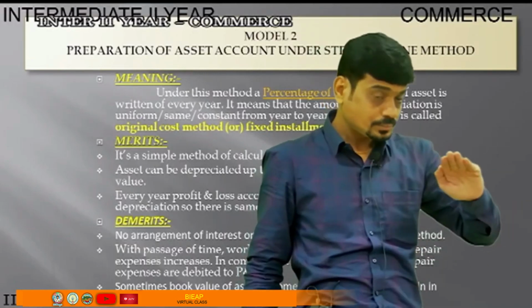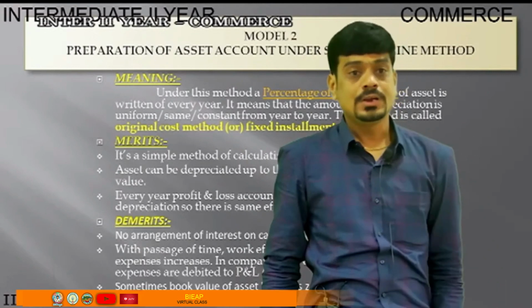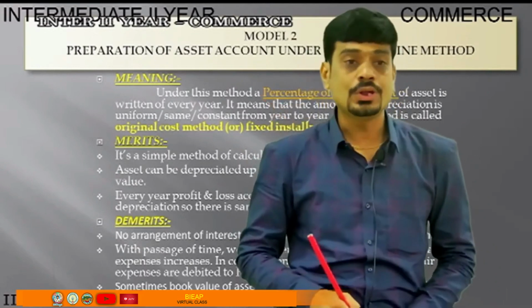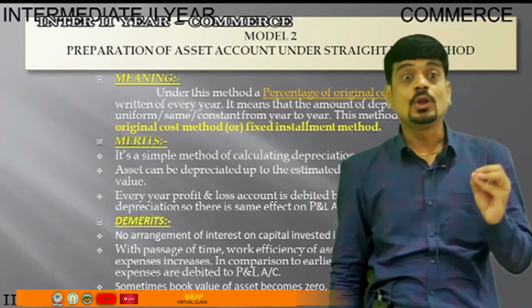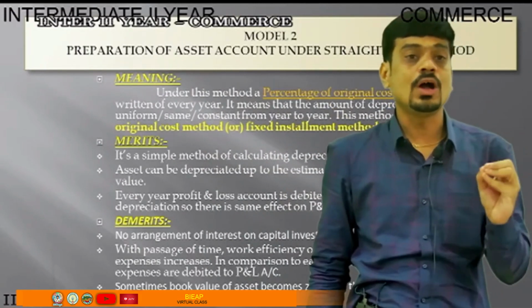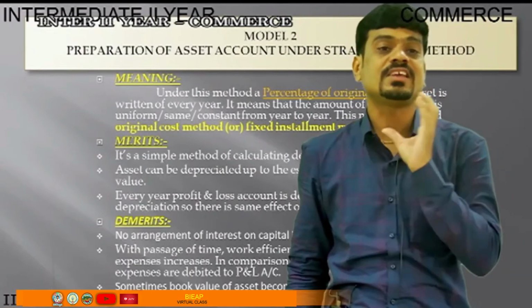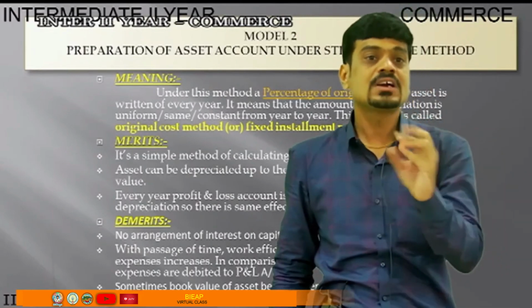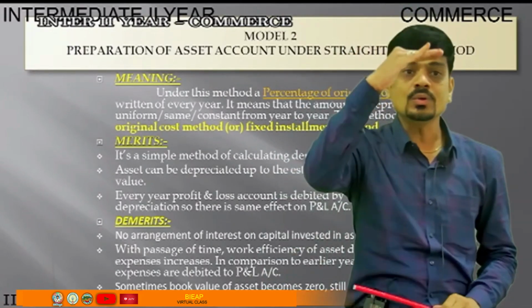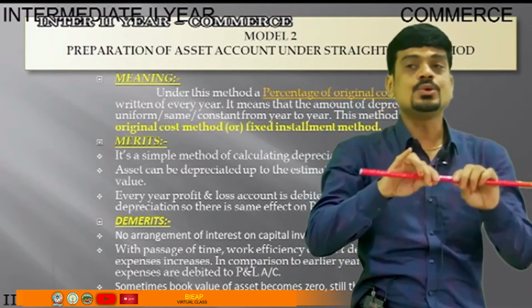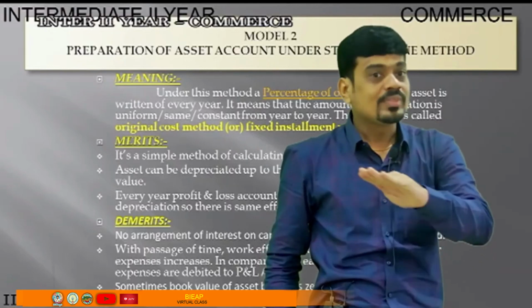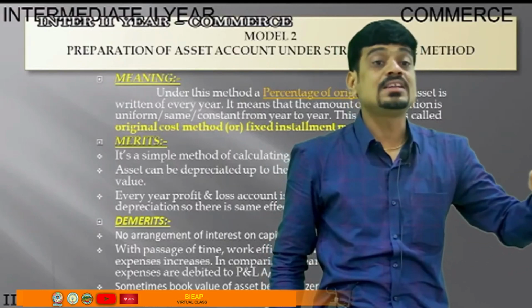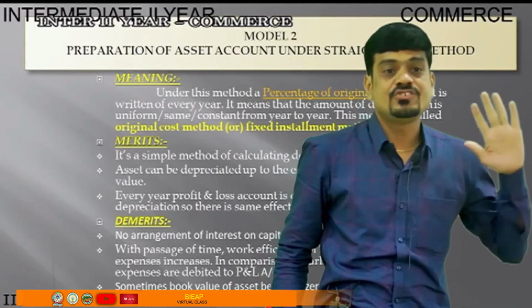No need to change the amount of depreciation. So which convention are we going to follow? Here, as the third advantage, we follow the accounting convention called convention of consistency. Throughout the life of the asset, one uniform amount of depreciation is charged, thereby there is compliance with the consistency convention.